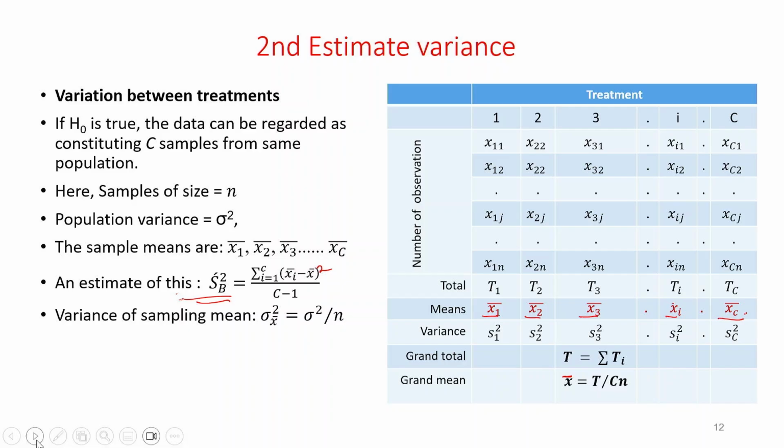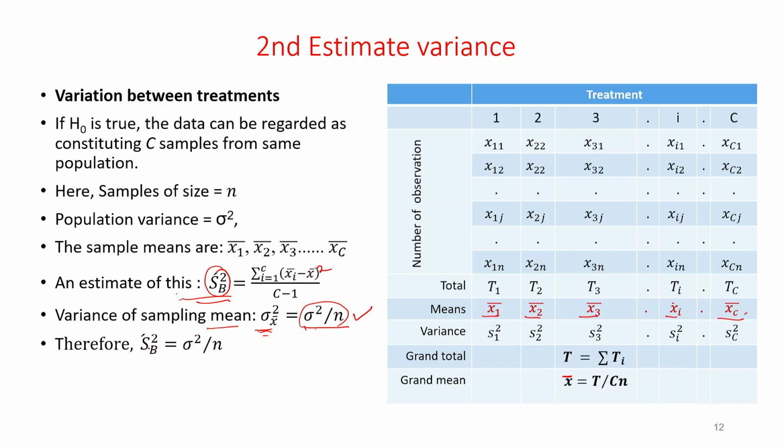Now that's an estimate, and we already know that the variance of sample means, sigma square x bar, is sigma square by n. Population variance by n, or sigma x bar equal to sigma by root n. That is the variance of the sample mean, and hence it is estimated by this value.